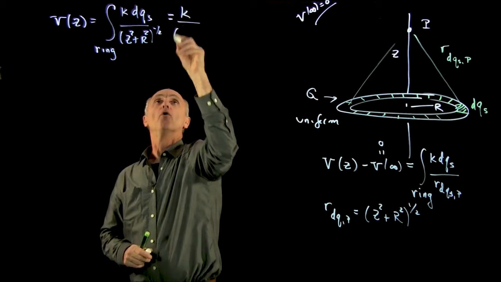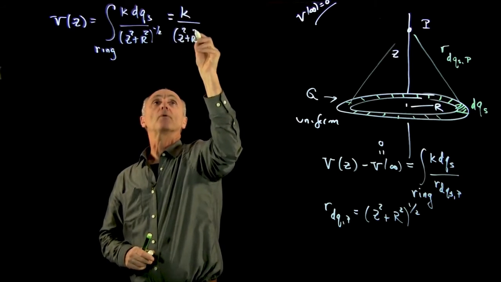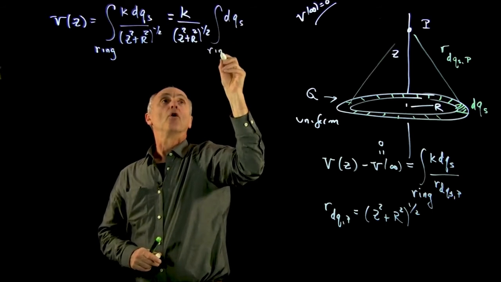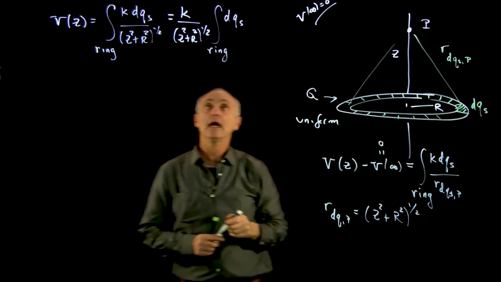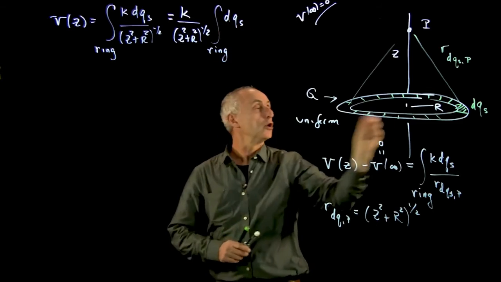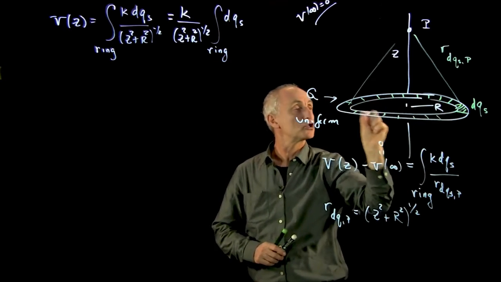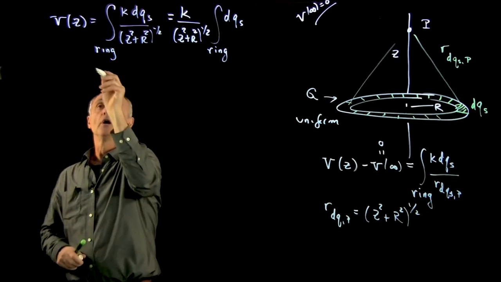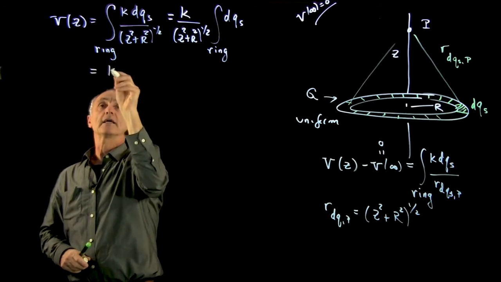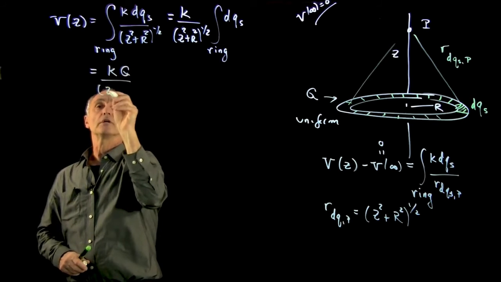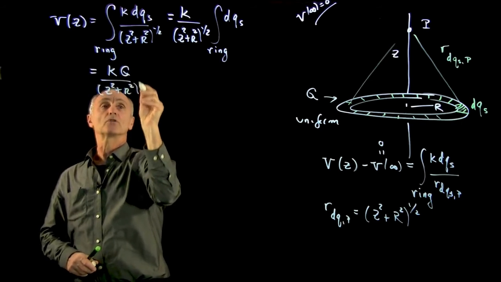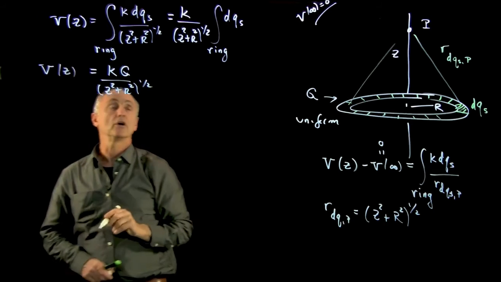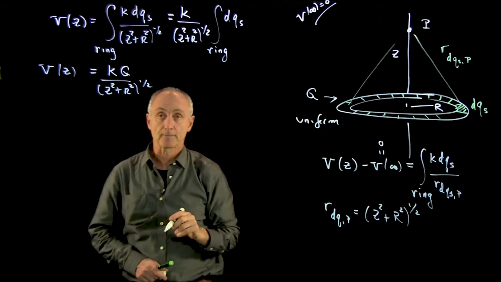And we have k over z squared plus r squared to the 1/2 times the integral of dq source over the ring. And now, what does this integral mean? We're just adding up the charge as we go around the ring. And that's simply the total charge on the ring. So we have the result kq over z squared plus r squared to the 1/2. And that is the potential function for the ring along the axis.